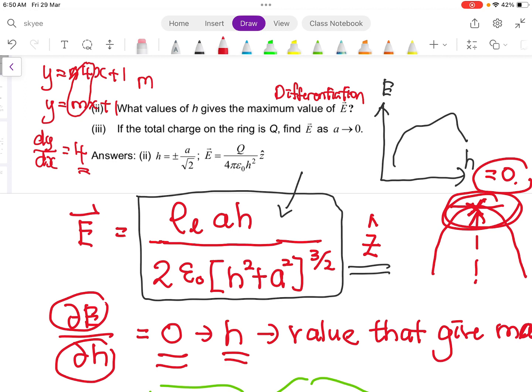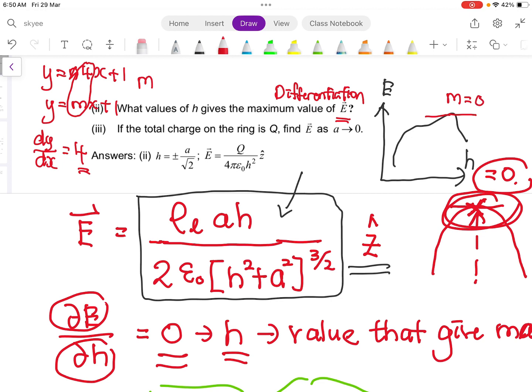So when we perform differentiation on the equation of E versus H, we get the slope of the curve. When the electric field is maximum, for example at this point, the slope over here will be equal to 0.